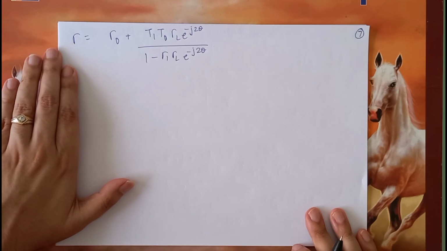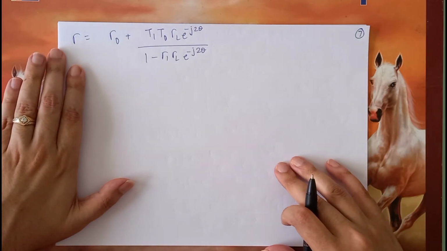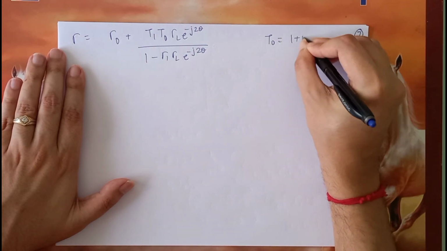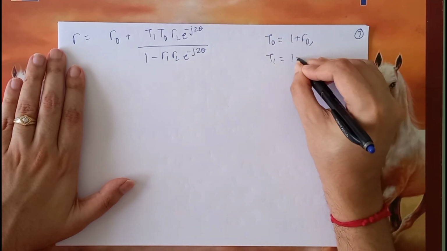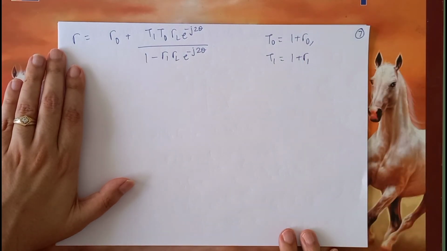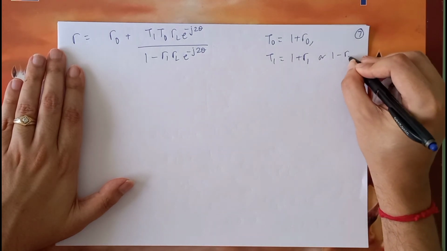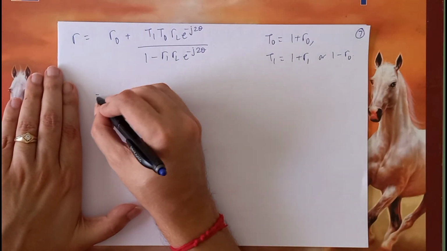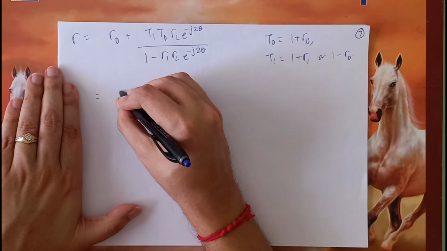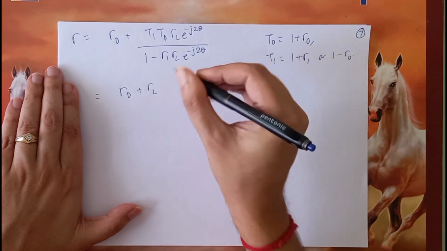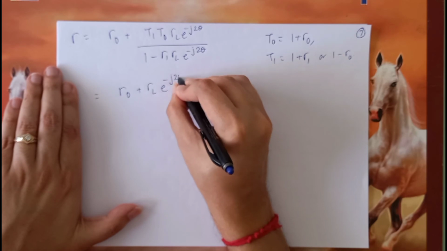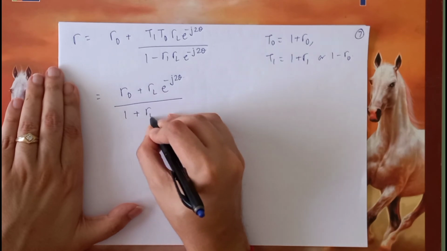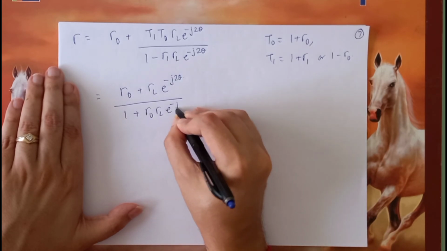So in our previous analysis, you can very quickly go back and refer to them. We had shown that T0 is actually 1 plus gamma 0 and T1 is 1 plus gamma 1, or 1 minus gamma 0, whichever way you want to write. So if you substitute over here, effectively gamma simplifies to something like this: gamma 0 plus gamma L e raised to minus j2 theta divided by 1 plus gamma 0 gamma L e raised to minus j2 theta.